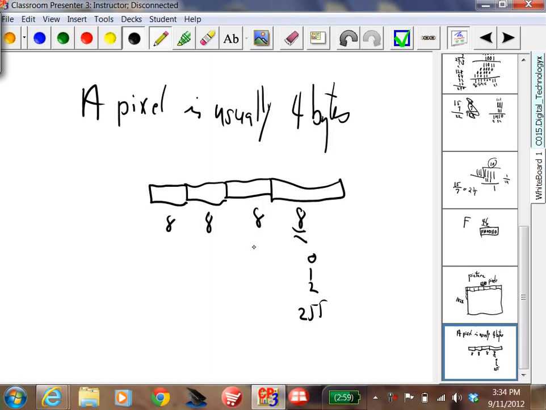And here, you can also store another 0 up to 255, and same thing up here. What's normally done in a good many computers is this will be the redness of the pixel, the greenness, and the blueness, RGB. And this last thing over here is either unused or used for other purposes.